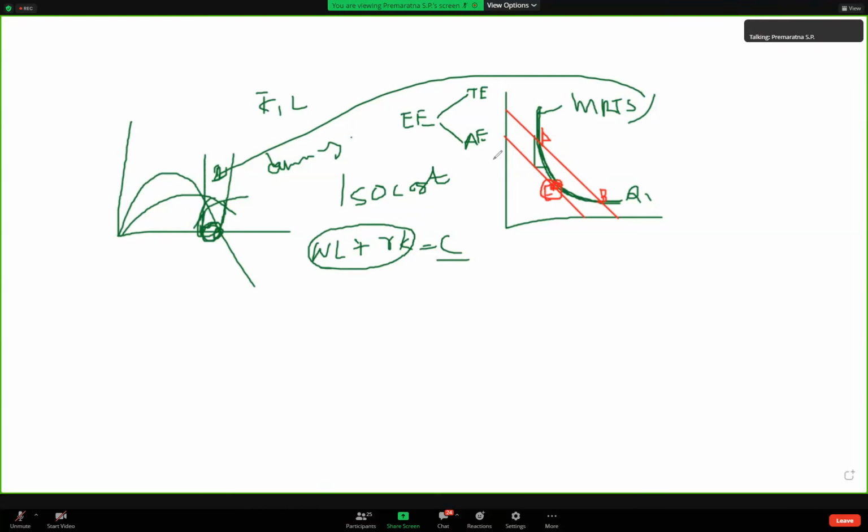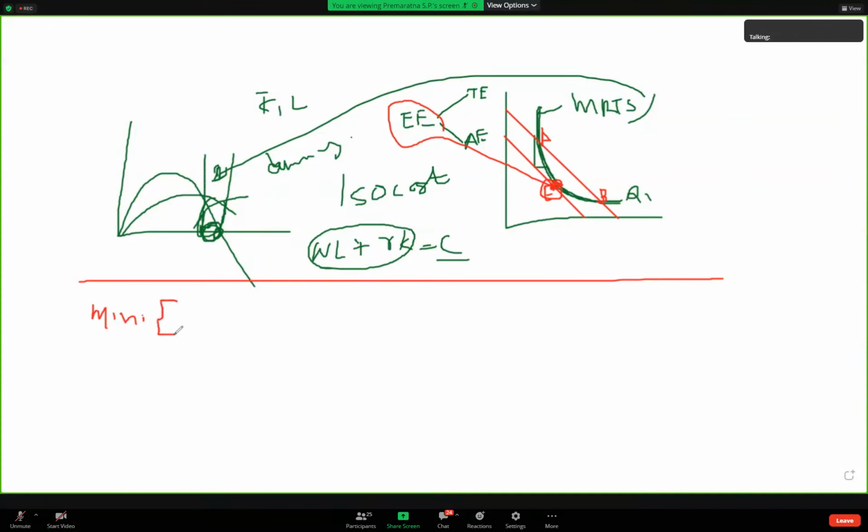Economic efficiency is reached at this point E, where the producers can either minimize cost subject to a given amount of output, let's say 80. How to do that, we will discuss today.